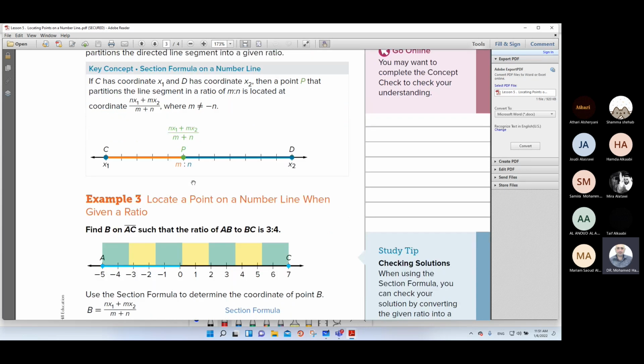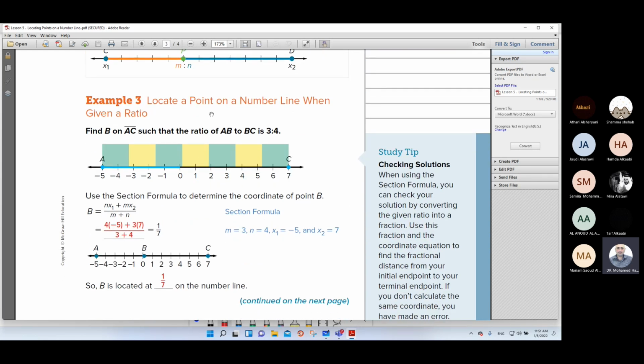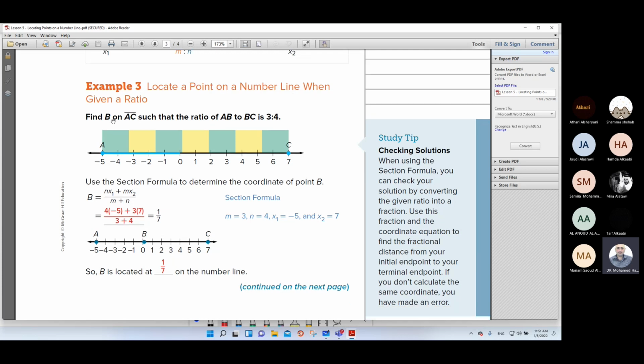For example, locate a point on a number line when given a ratio. So find B on the segment AC. We have A and C, and B between A and C, and we want to find B when we have the ratio 3 to 4, such that the ratio of AB to BC will be 3 over 4.